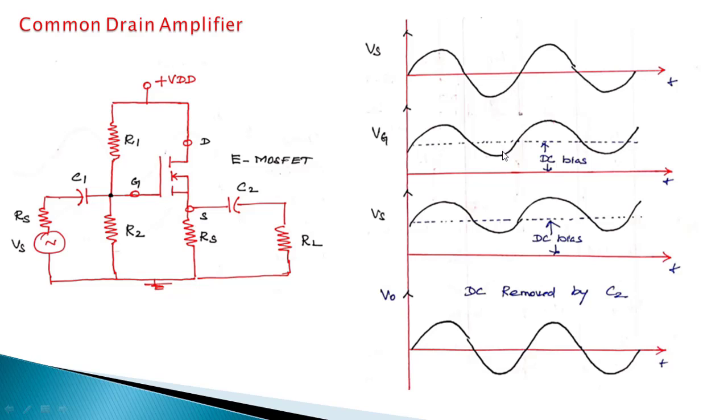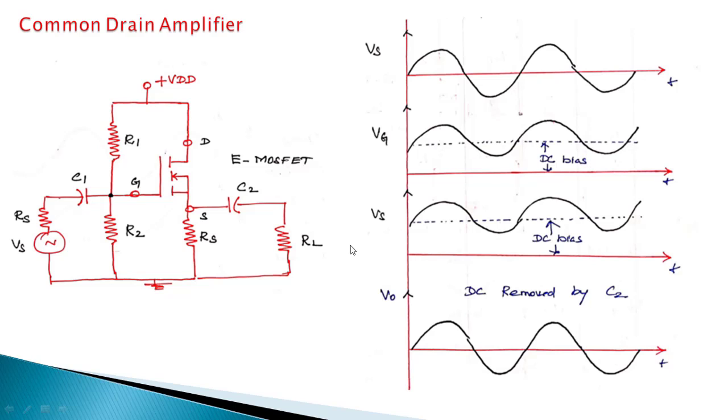If VGS is less positive, the voltage drop across RS will also be less positive. In an E MOSFET, if the input is positive, the corresponding ID will increase. If the input is decreasing, the corresponding ID will decrease, so the voltage across RS, that is VS, is also the same as the input voltage.